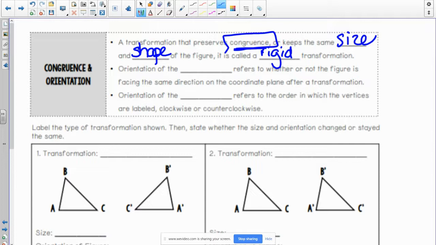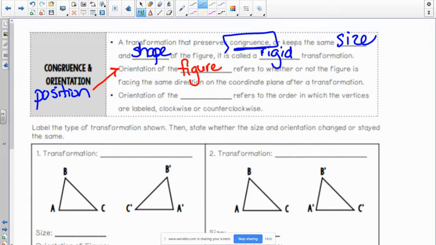One thing that we look at is orientation. And another word, if you don't like the word orientation, is positioning or position. So the position the shape is in, or the position, here in a second, we're talking about vertices. The first one we're going to talk about is the orientation, or just, I use the word position, of the figure.